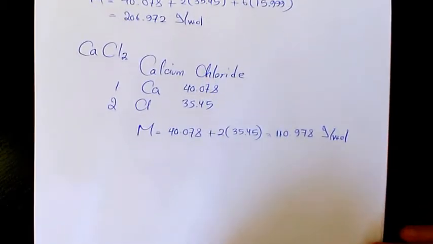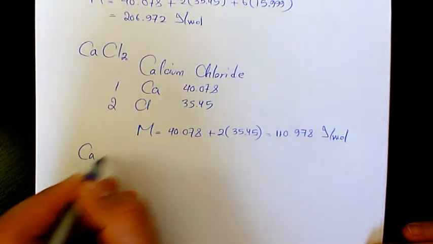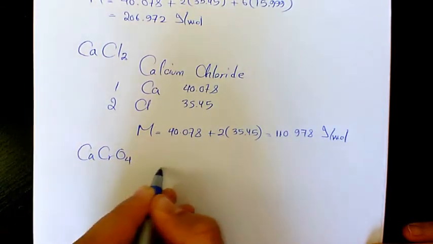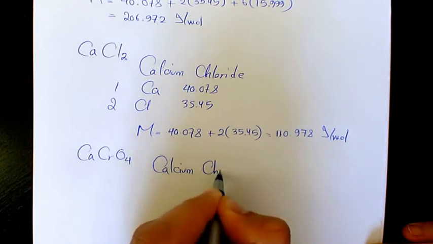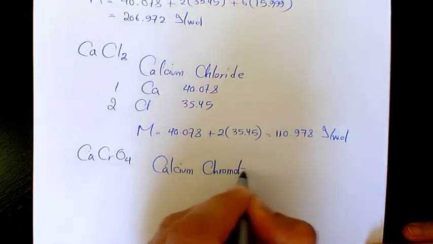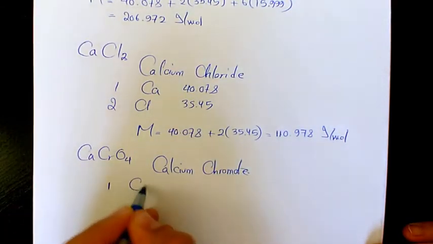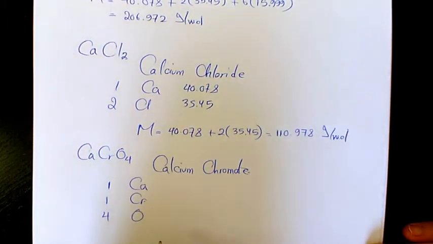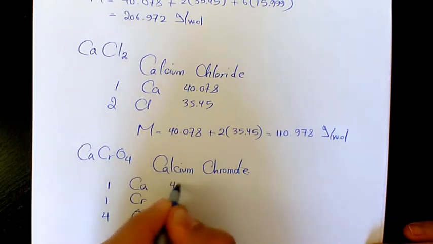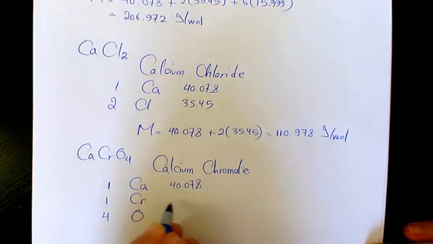Next compound is calcium chromate. You have 1 atom of calcium, 1 atom of chromium, and 4 atoms of oxygen. Calcium is 40.078. Chromium is 51.996.